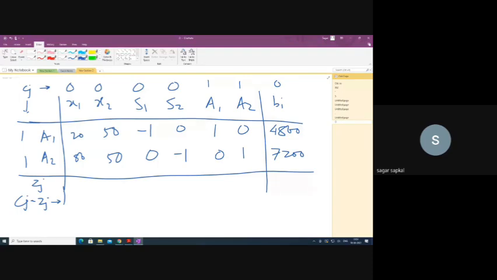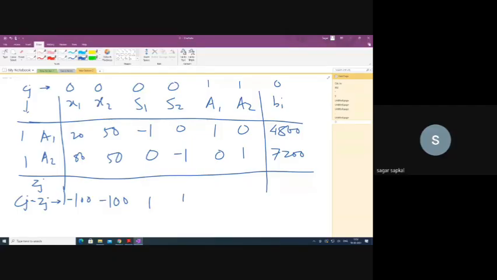Yes, sir. Okay. In the usual manner, you can find out Zj and Cj minus Zj. So what will be Zj here? Zj will be 100, and Cj minus Zj will be 0 minus 100, so minus 100. Similarly, here Zj will be 100 and 0 minus 100 will be minus 100. Then here it will be minus 1 into 1 plus 0, so minus 1. Then 0 minus 1 plus 1.